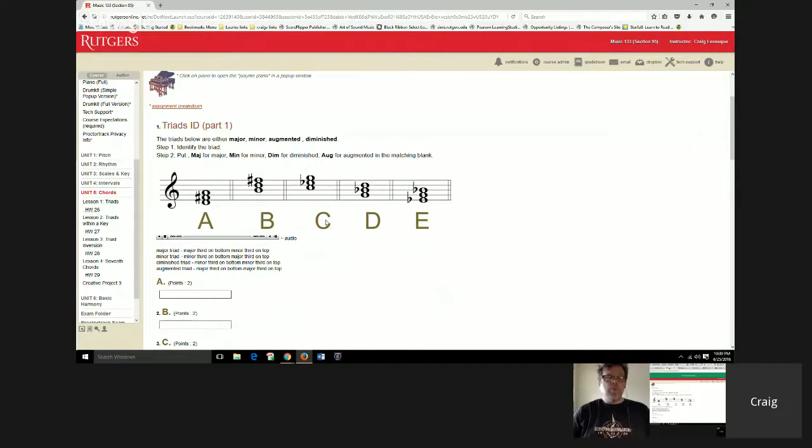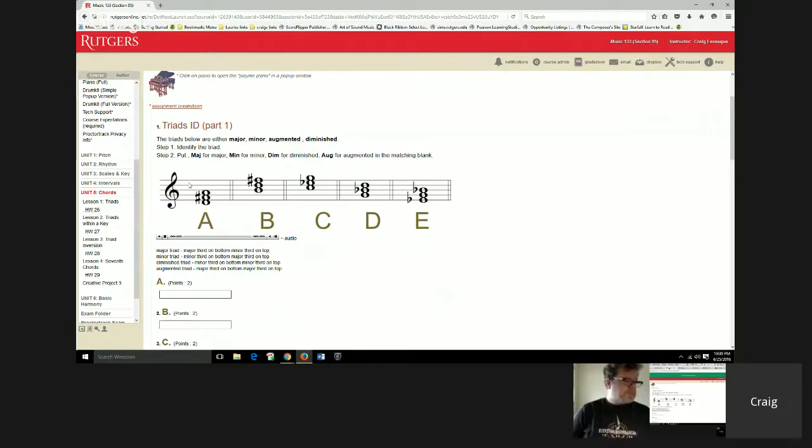So when I look at these two chords, C and D, I'm still going to count, but my guess is that they're both minor chords, because I can see that the middle note has been lowered in relation to the bottom note. Therefore, it is more likely that this is only 3 half steps to the minor third and not 4 half steps. Whereas A, I can see that the middle note is raised in relation to the bottom, so it is more likely to be 4 half steps than 3 half steps.